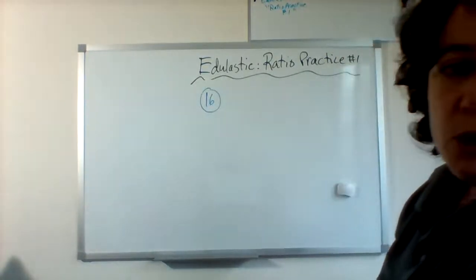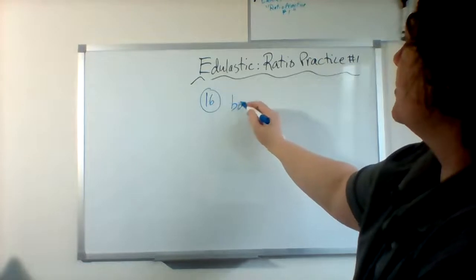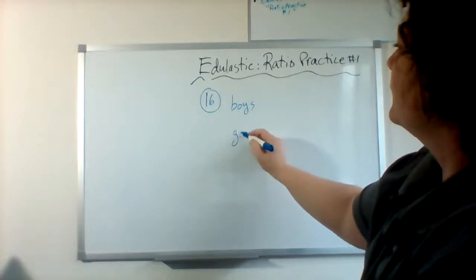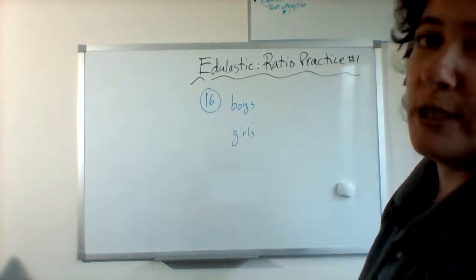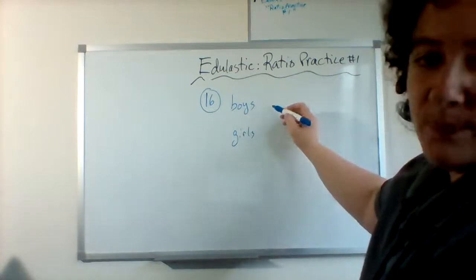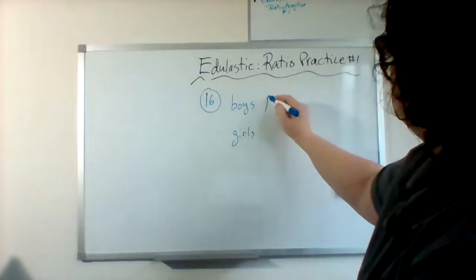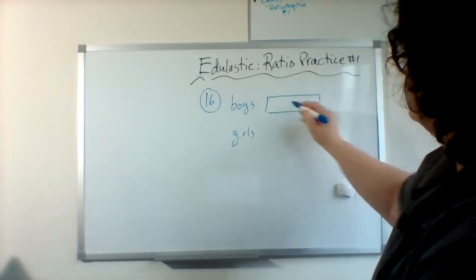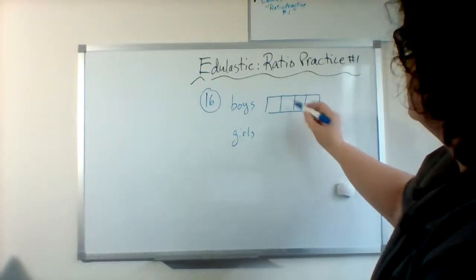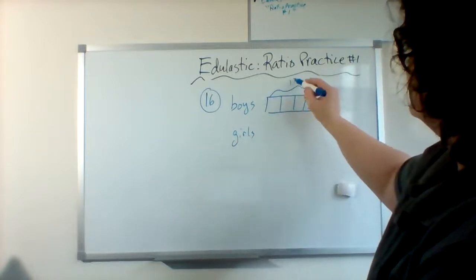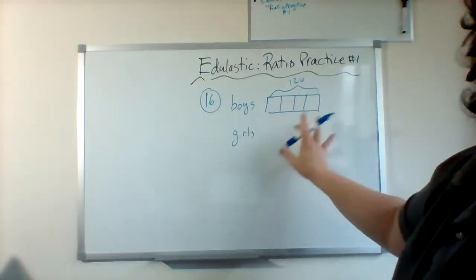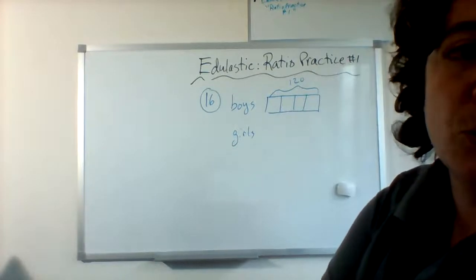Okay, so I have a question for you. And what do you think is the question that I'm going to ask? Lots of possibilities, right? I'm not going to put the girls up yet because I want you to answer the question that I have.